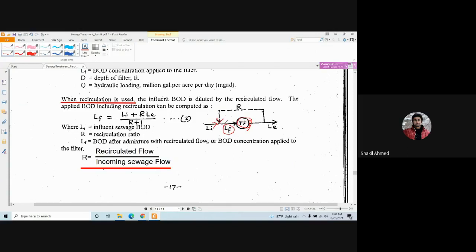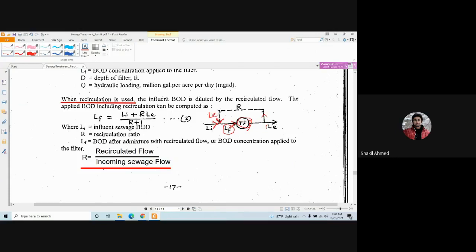So basically, there are three flows: one is Li, one is LF, and one is LE.